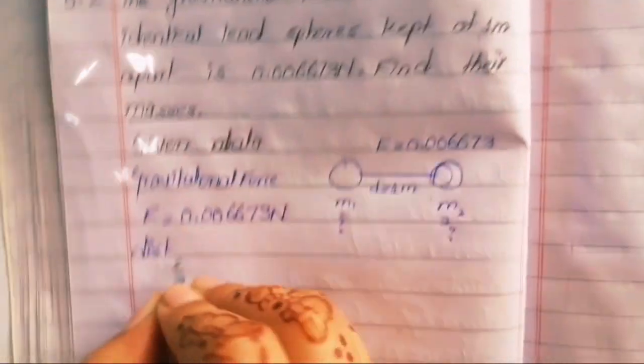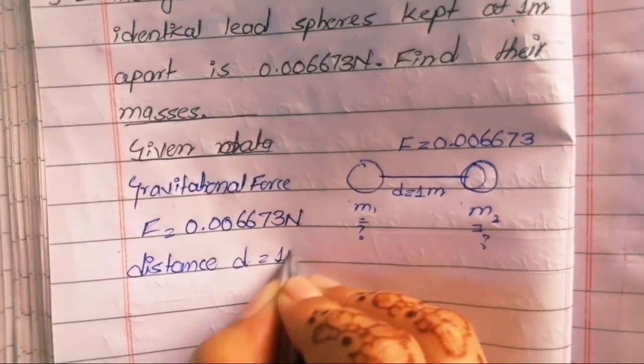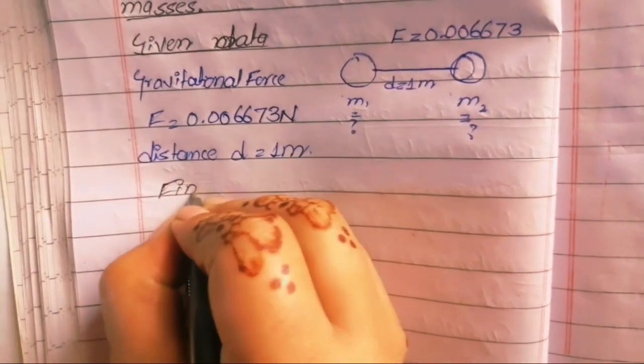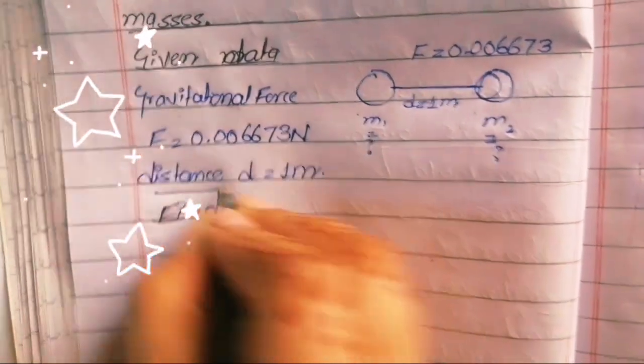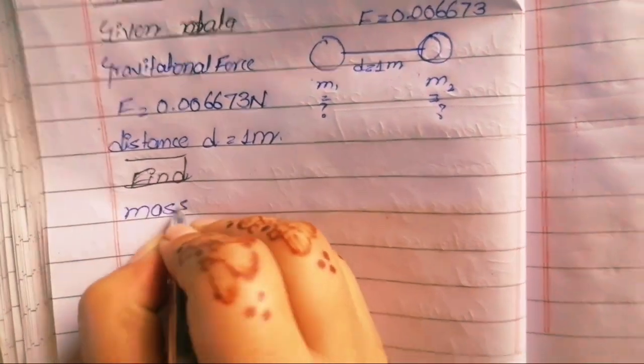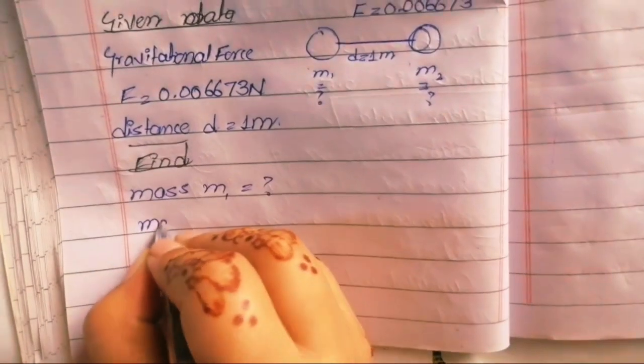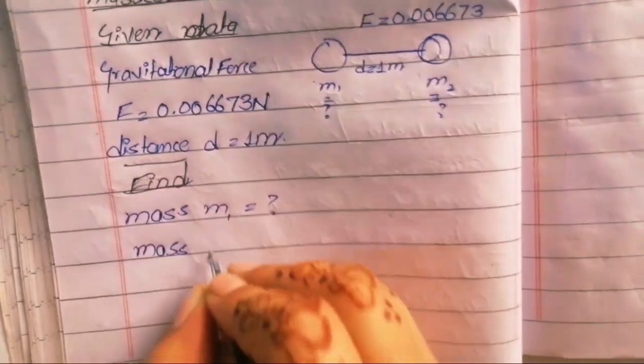Distance is equal to 1 meter. We have to find the value of masses, mass M1 and mass M2.